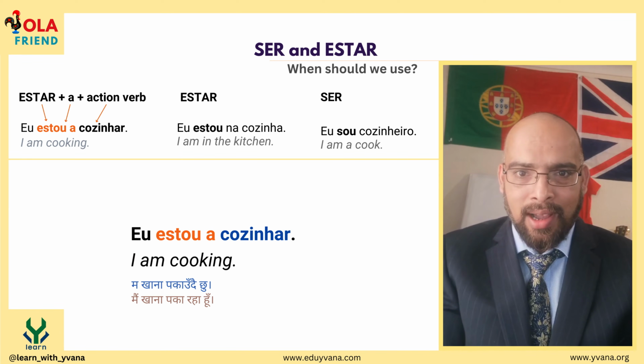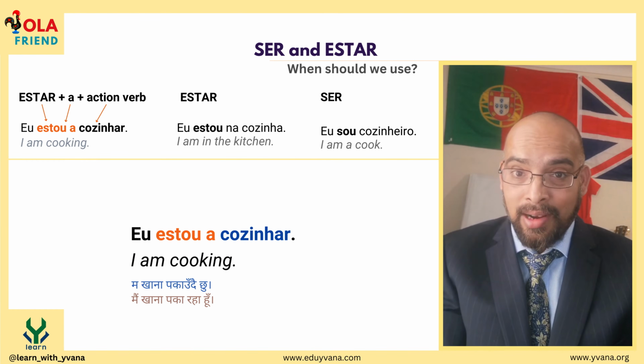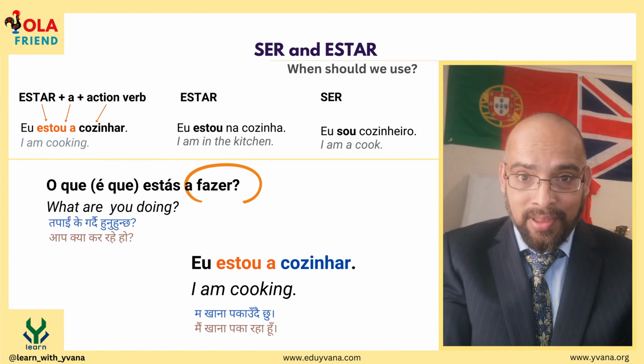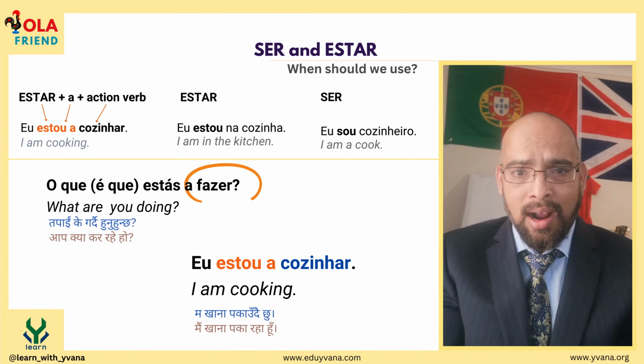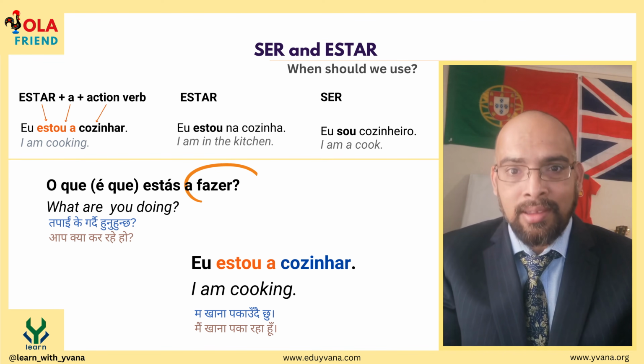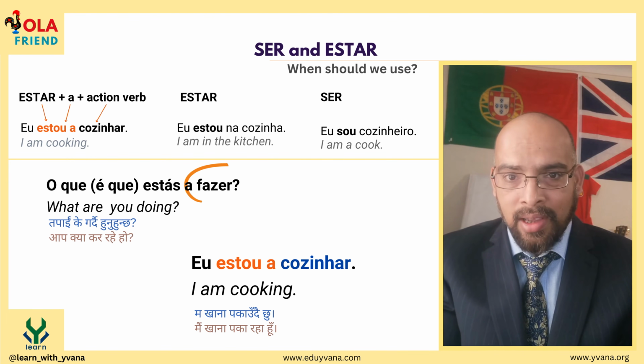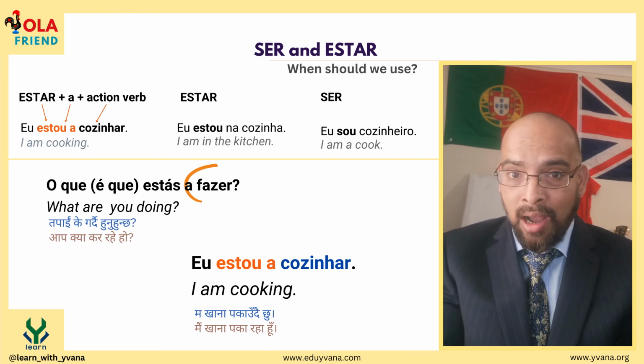And the third one is eu estou a cozinhar. I am cooking. If somebody asks you, what are you doing at the moment? O que é que estás a fazer? What are you doing now?